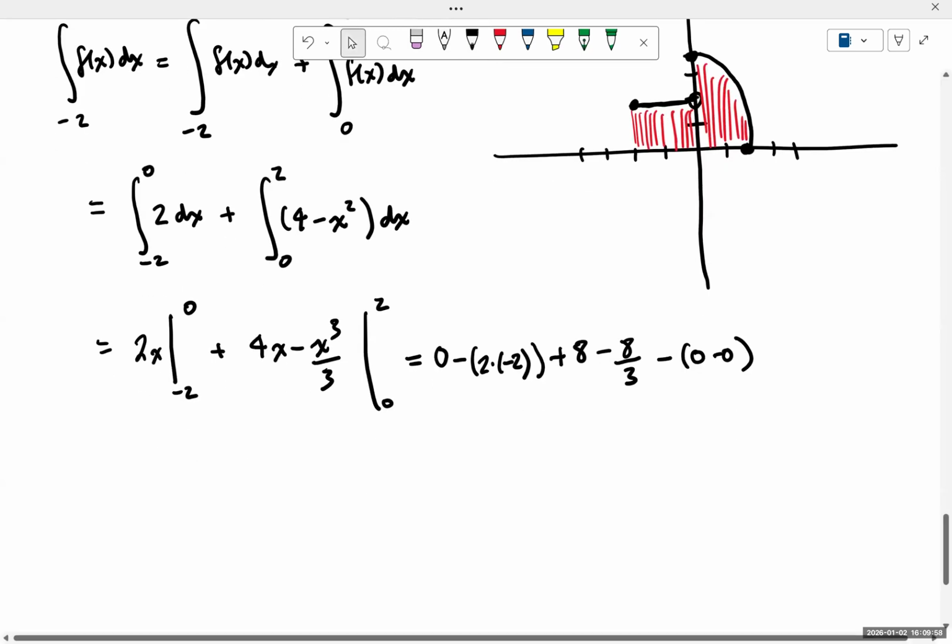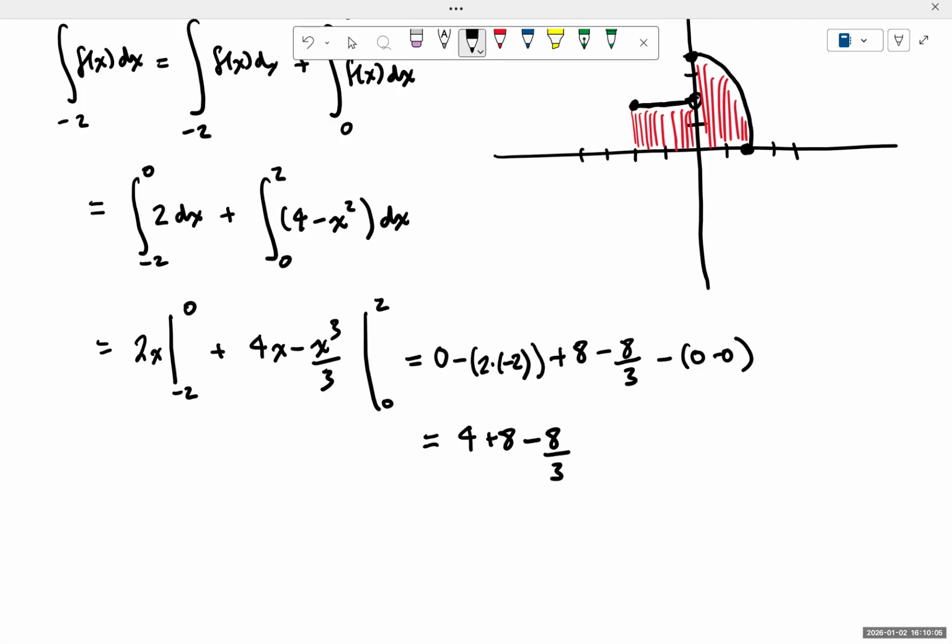So what I really mean here is 4 plus 8 minus 8 thirds. So this is 12 minus 8 thirds, so 36 minus 8 over 3, which gives us 28 thirds. Did I get that right? I think so. Okay. Very nice.